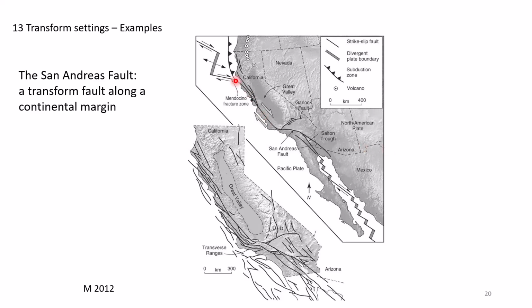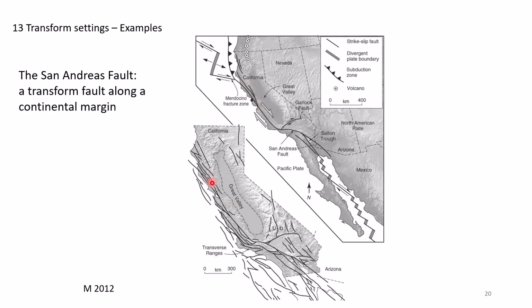This region is transected by a very large curving strike-slip fault, which is the San Andreas Fault. And we can see that the San Andreas Fault is not a single fault zone as it is shown here in the large-scale overview with only very few segmentations and parallel faults.